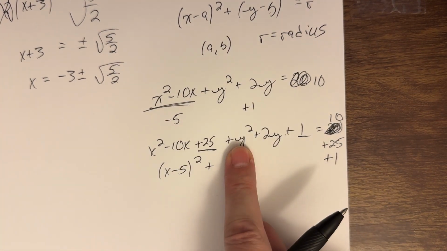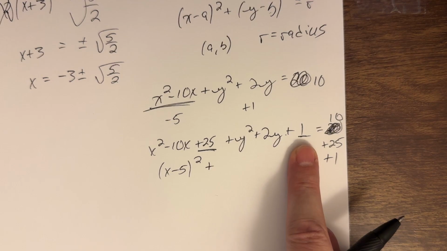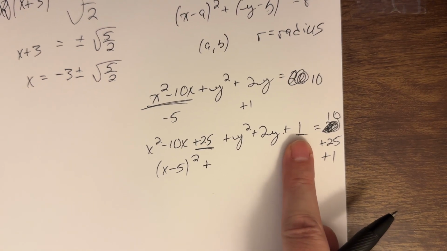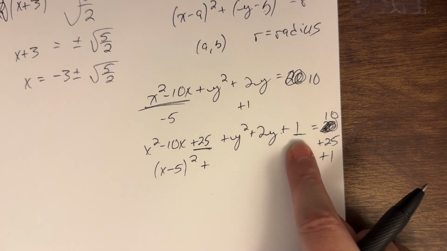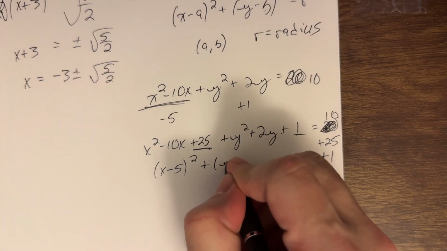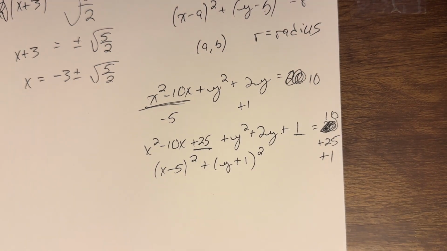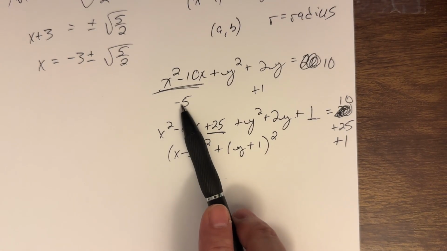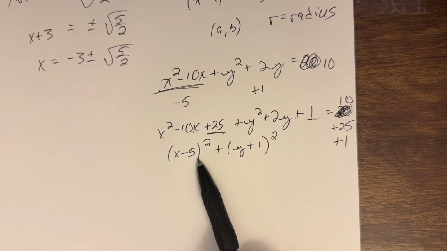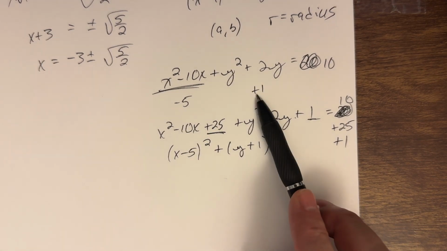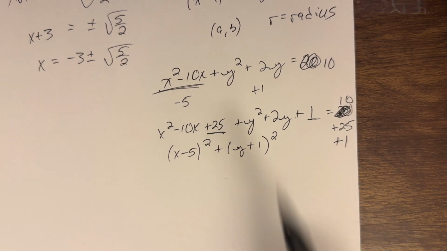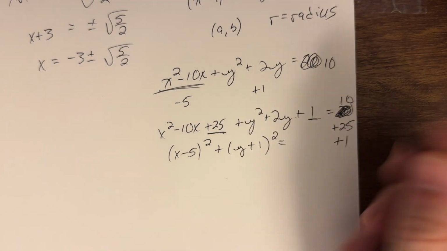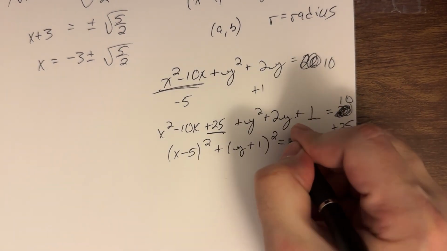But now that y squared plus 2y plus 1, what we're doing here, we're finding the magic number so that this expression not only factors, but it factors as a perfect square. And just as we saw the minus 5 here, this became x minus 5 squared. Well, here the plus 1, this became y plus 1 squared. Combine the stuff on the other side.